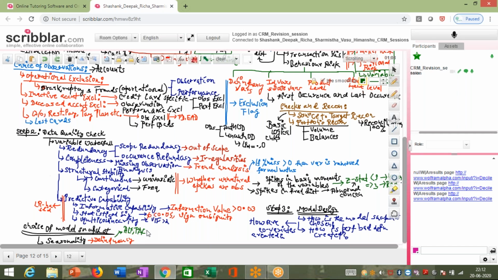These ACF and PACF plots are generated as a part of the ADF test process, the augmented Dickey-Fuller test process, under ARIMA.